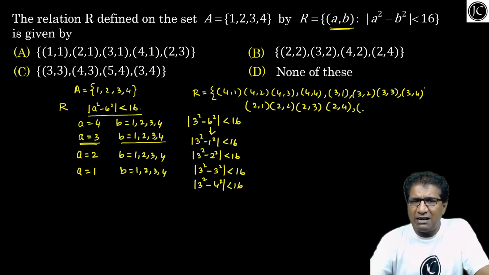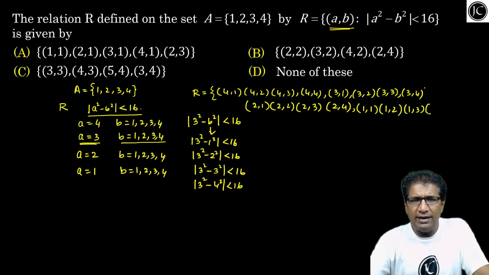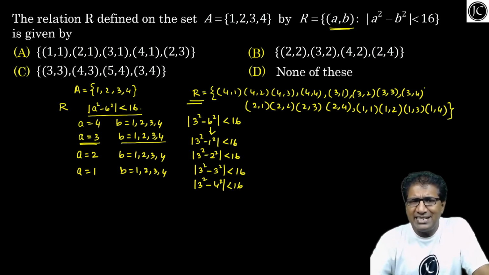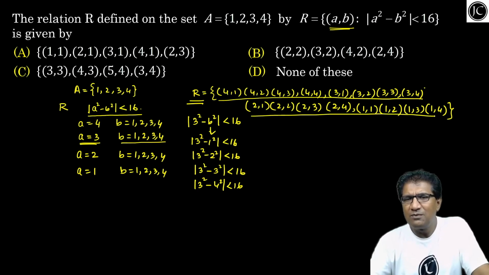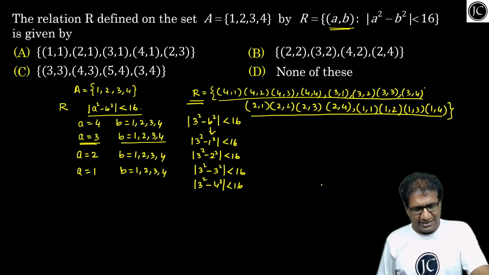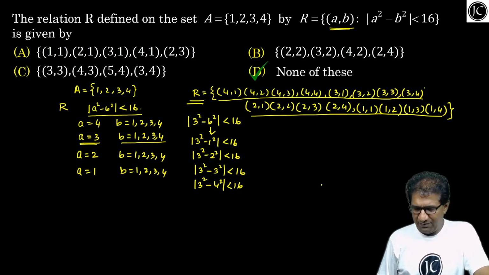Therefore, the elements that will participate in relation R are (1, 1), (1, 2), (1, 3) and (1, 4). Is it clear? So your relation R will contain these elements. Now we can see that none of these options are matching with our answer. Hence option D is correct. Okay? Chalo, let us take the next problem.